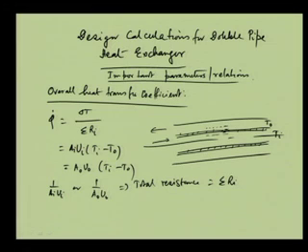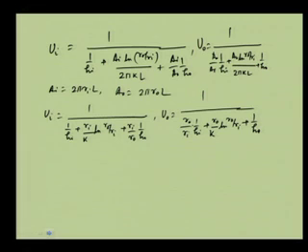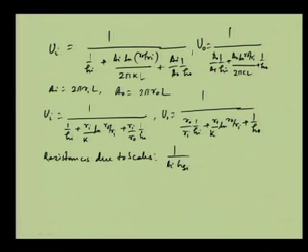If we take these fouling factors into consideration, then we can write the resistances due to scales as 1 by Ai HSI and 1 by Ao HSO.